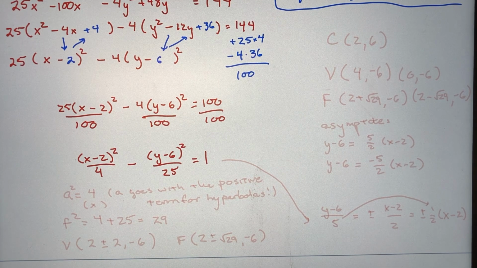Okay, so we are ready to look. What does it want? Center, vertices, focuses, let's see, center is going to be 2, 6. The vertices, we need A. A is not 25, A is 4. Sorry, A squared is 4.